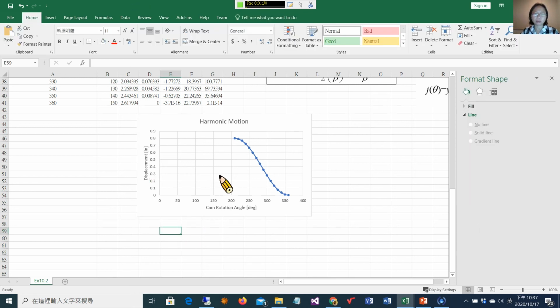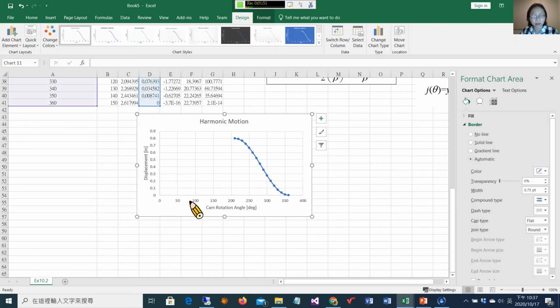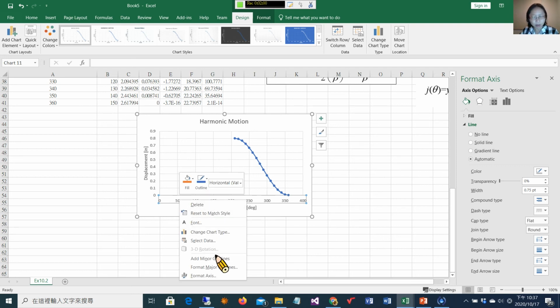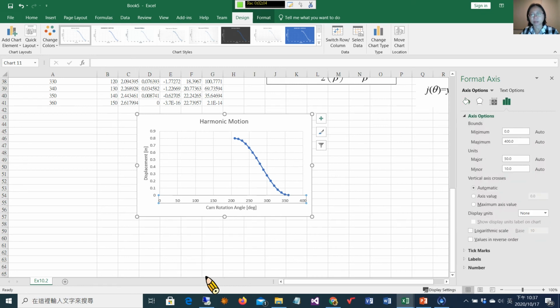And I want to show the range between 210 degrees to 360 degrees. So I select the label and click the right mouse button. We see format axis and click it.